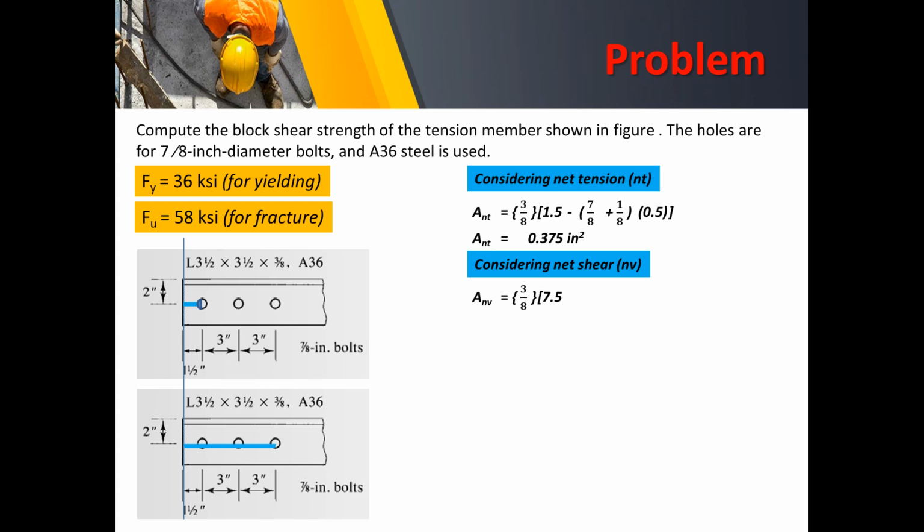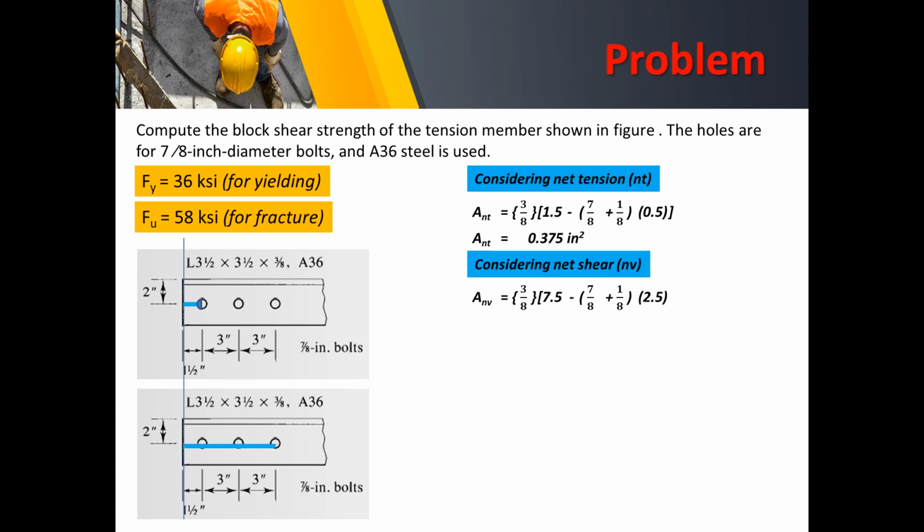Total length is covering 3 plus 3 plus 1.5, or that is 7.5. Then from that, of course, we need to deduct the holes. The effective area for the holes is 7/8 plus 1/8, just the same. And there are 2.5 bolts because the bolt on the far right end is only half, and we need to deduct 2 from the mid portion.